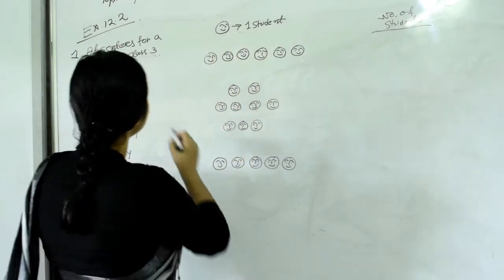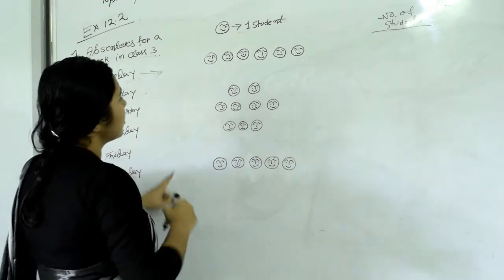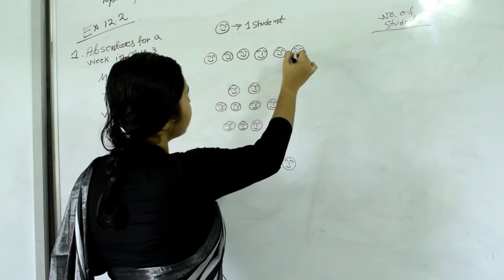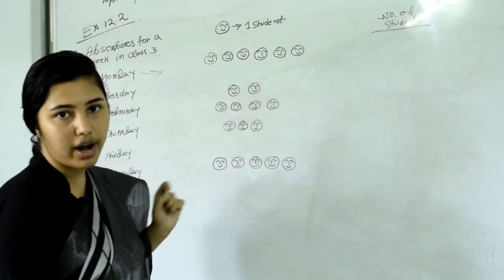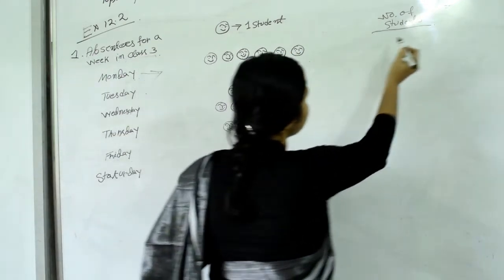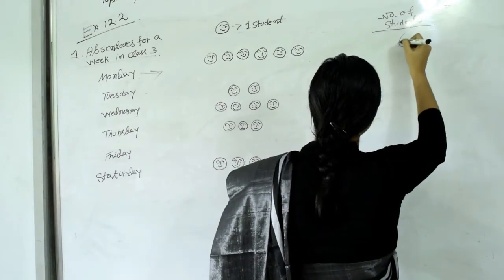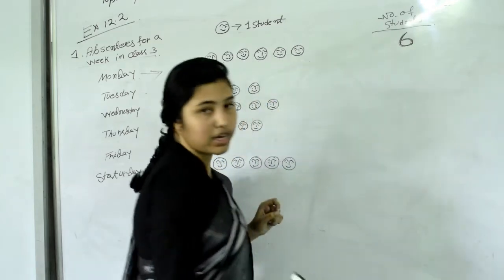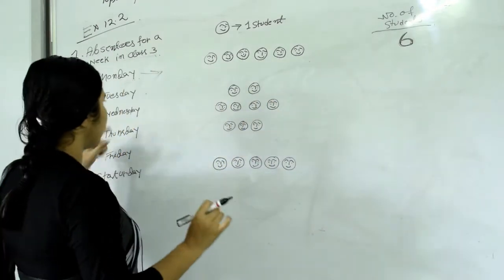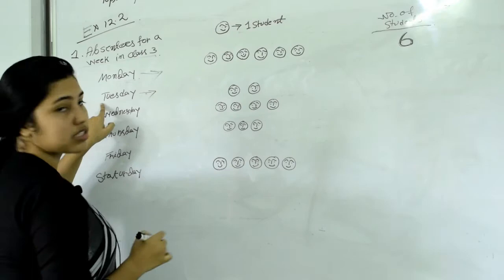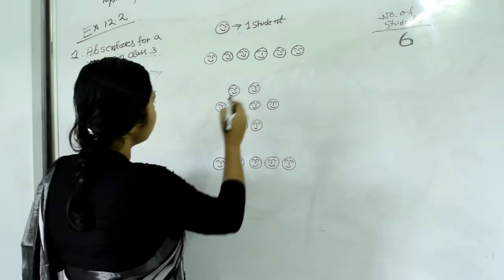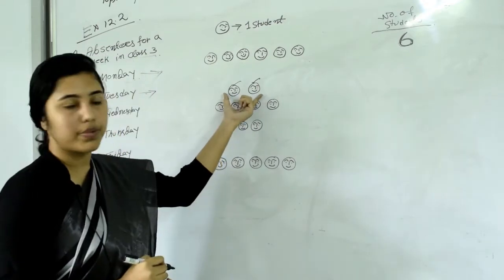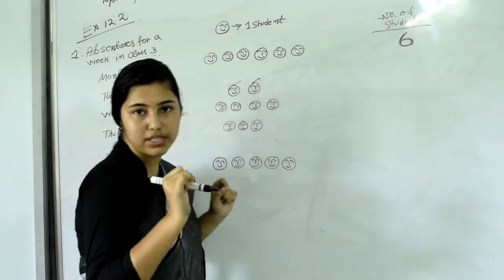Which means on Monday there are 1, 2, 3, 4, 5, 6. 6 students are absent, right? Which means the number of students is 6.